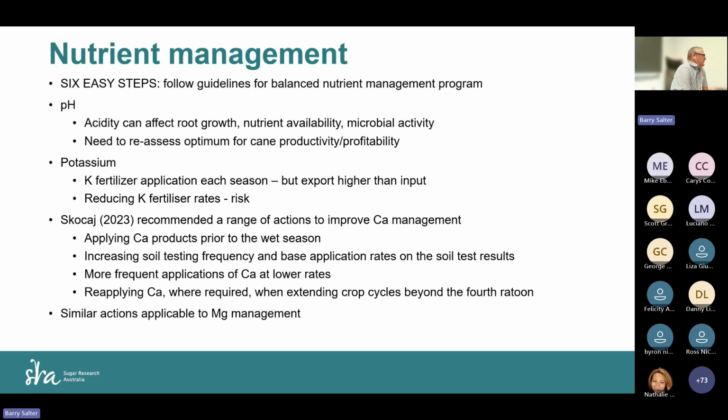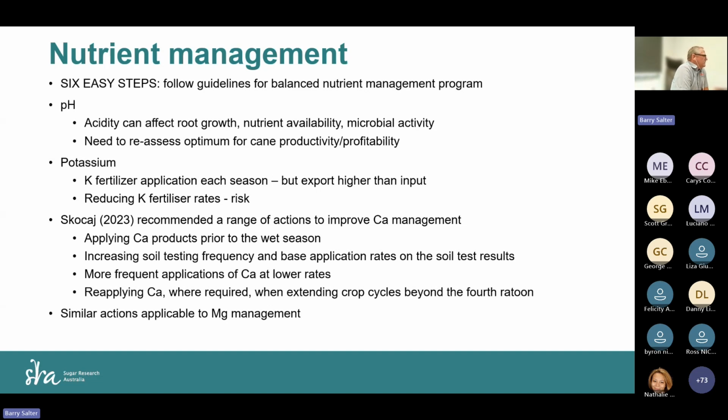Danielle also recommended a number of things that could be done for calcium management, including applying it as early as possible prior to the wet season to allow time for the reactions to happen, increasing soil testing frequency and following the guidelines from those soil tests, and possibly applying calcium more often at lower rates, so applying it to more crops within the crop cycle, not just at the start.